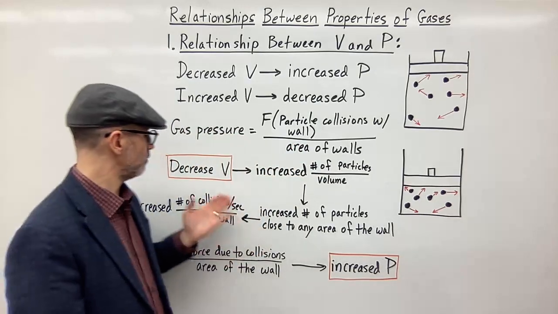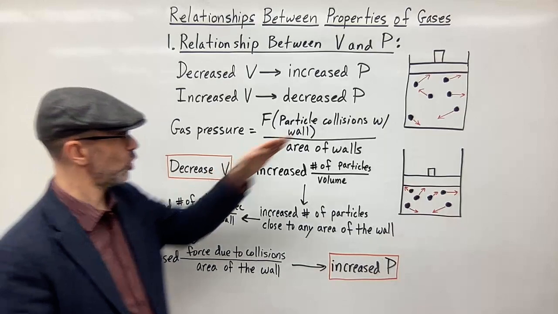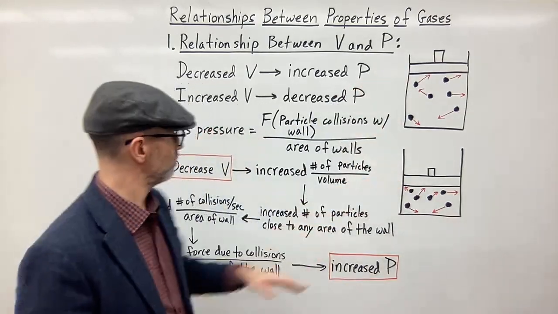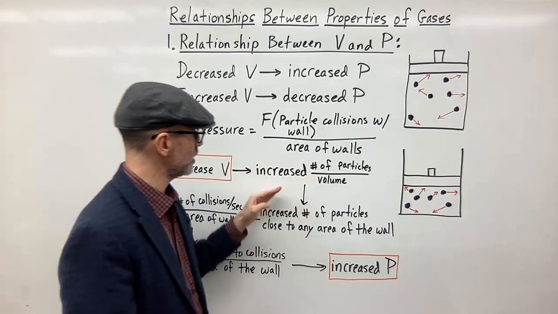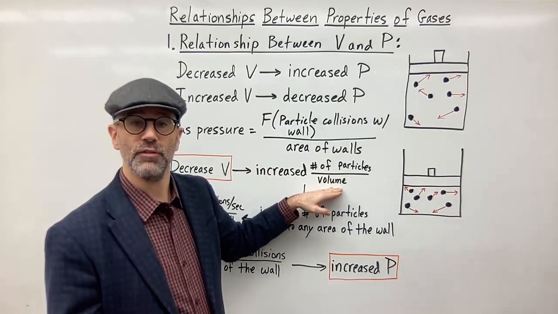So what's going on, right? Let me recap. We decrease the volume, going from piston up here to piston down there. This increases the number of particles per volume of the container.